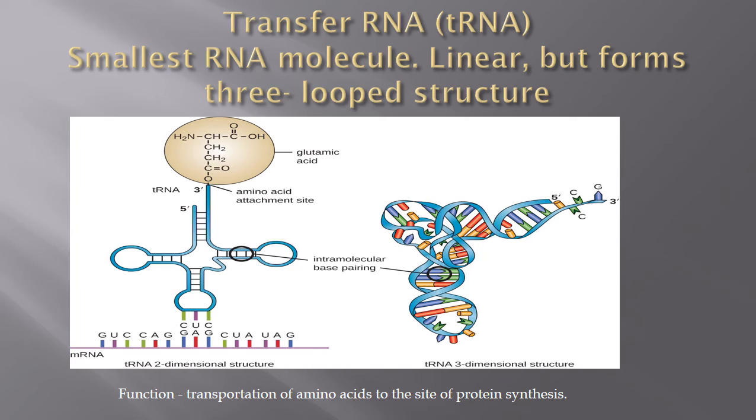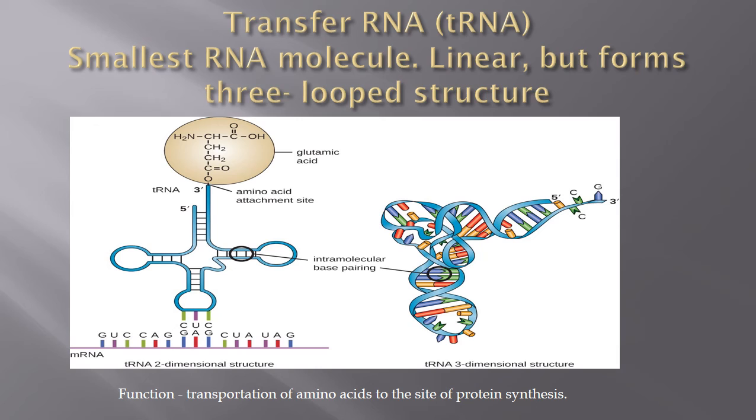Now transfer RNA is the smallest RNA molecule, linear, but forms a 3-loop structure. It is a clover-shaped structure with 3 loops, and you find the 5' end and 3' end. It's a single strand folded on itself to form a clover-shaped structure.